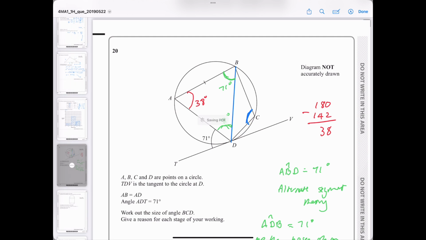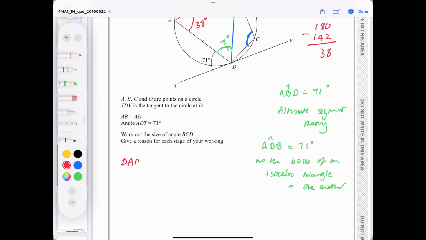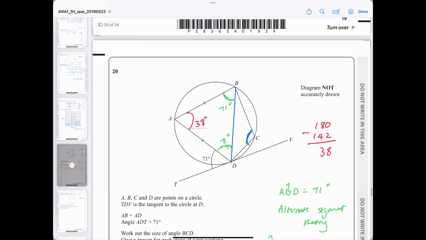In fact, we should probably write that in. So DAB equals 38 as angles in a triangle sum to 180.